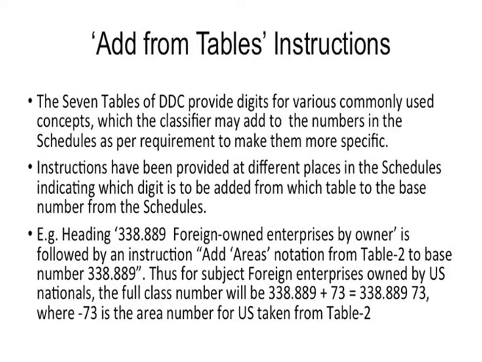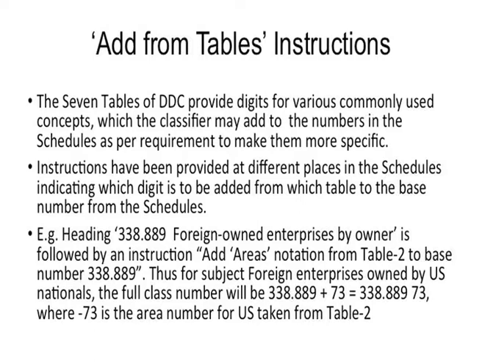We come to another instruction. There are some very important instructions, and one is add from tables. The 7 tables of DDC have been provided for different concepts of a general nature which the classifier may add. These commonly used concepts have been given in the tables.